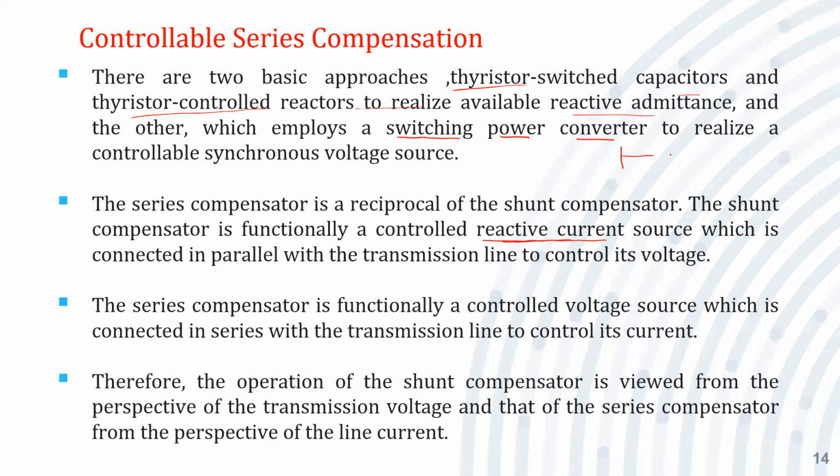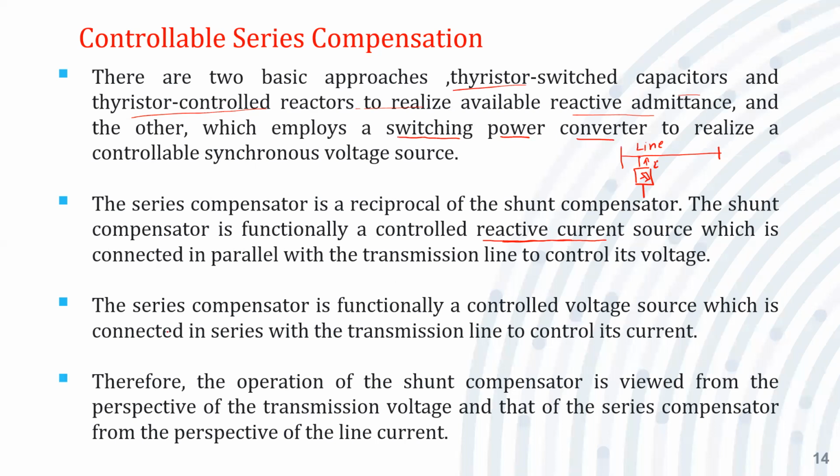Say this is the transmission line. This diagram we considered in the very first unit. This is the shunt compensation, and it is going to inject the current at the point of connection, or it absorbs the current when it is a reactor.